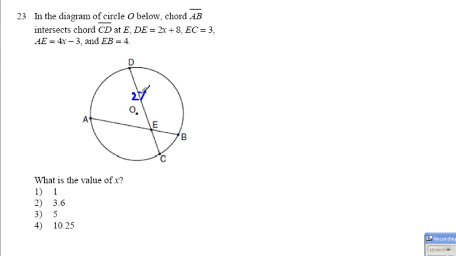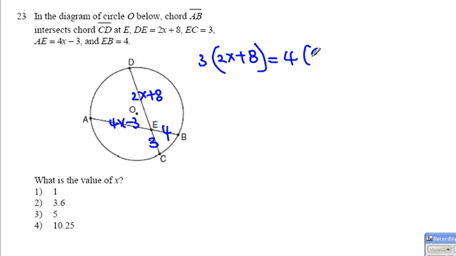DE is equal to 2x plus 8, EC is equal to 3, AE is equal to 4x minus 3, and EB is equal to 4. When we do the product of the two parts of the same chord, we get 2x plus 8, whole thing multiplied by 3, must be equal to 4 times 4x minus 3.